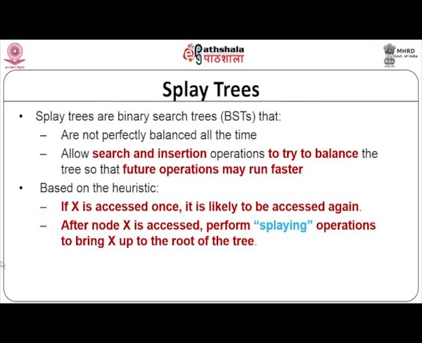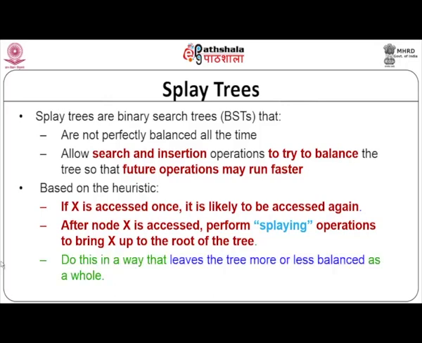So, the next time you access x, it will be much faster. And do this in a way that leaves the tree more or less balanced as a whole. So, not only do you ensure that x moves up to the root, you also ensure that when you are doing this splaying operation, the tree is more or less balanced on the whole, not only for this particular node.